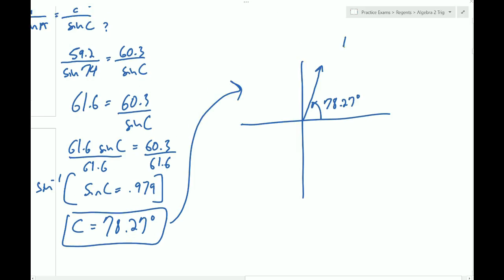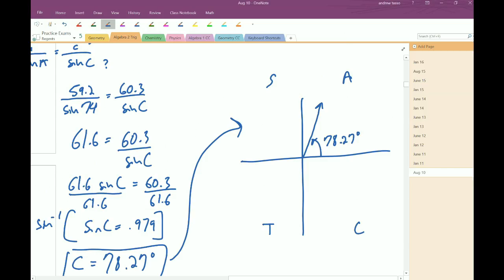But since we have ASTC, right, we remember that there are actually a total of 4 angles, all of which will have the same reference angle. So we have this situation. Now 2 of these, namely the A and the S, will both have a positive value for sine, right?